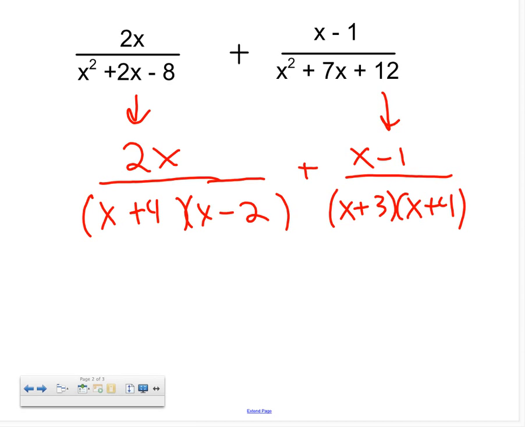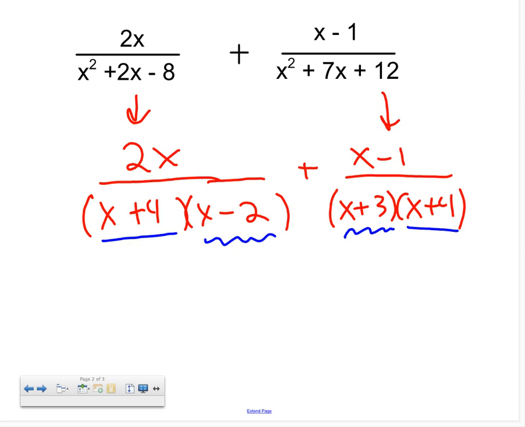Okay. So now I want to figure out, how can I make the bottom pieces the same? What factor is each bottom piece missing? Well, if I look at the first one here, I see we have an x plus 4 and an x minus 2. The second one has an x plus 3 and an x plus 4. So the first fraction is basically missing that x plus 3.